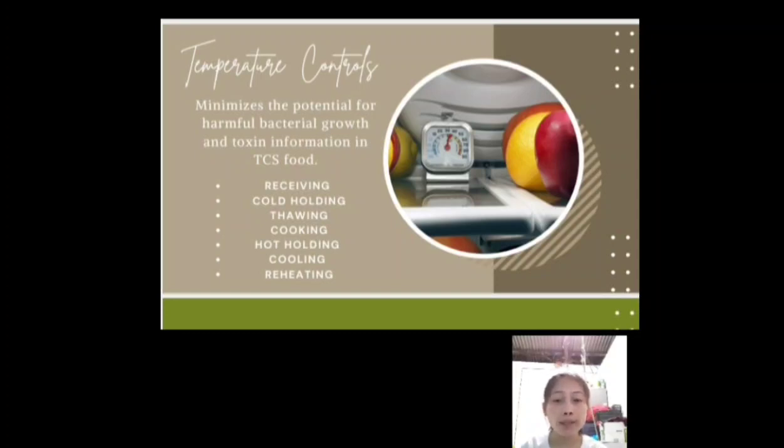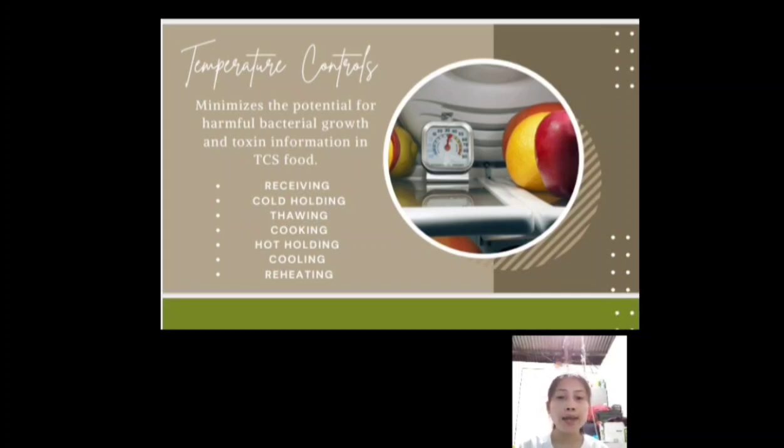And the third way is to defrost in the microwave. So pwede na siya i-defrost sa microwave, but don't keep it in the microwave too long.